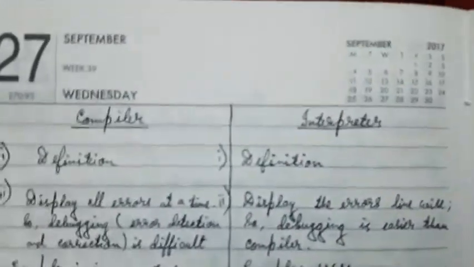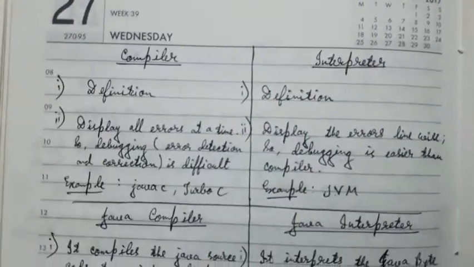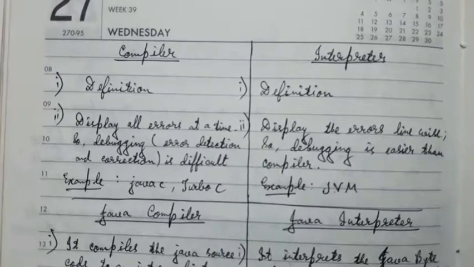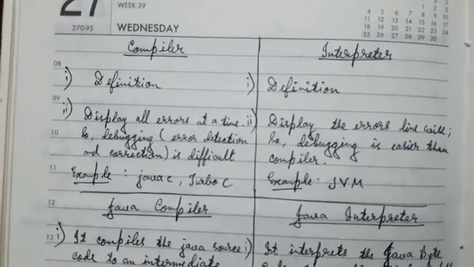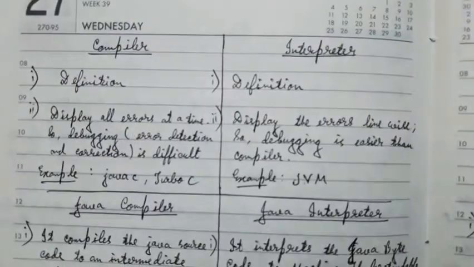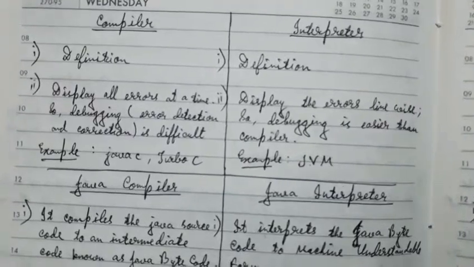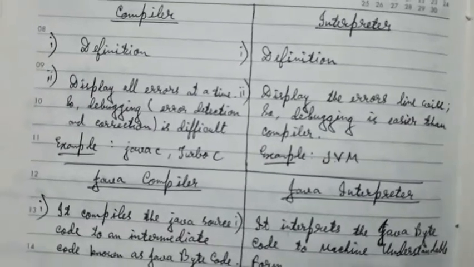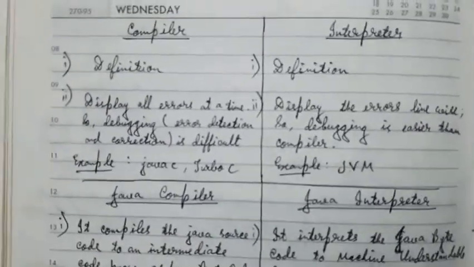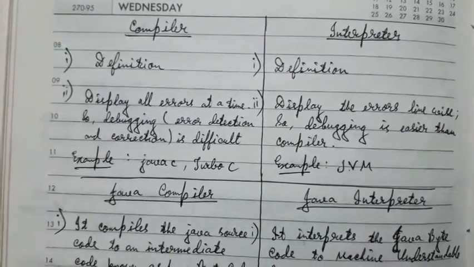The definition you have to write. The second point is that a compiler displays all errors at a time, so debugging is difficult. An interpreter displays the errors line wise, so debugging is easier than with a compiler. What is debugging? Debugging is the process of detection of errors and correcting them.